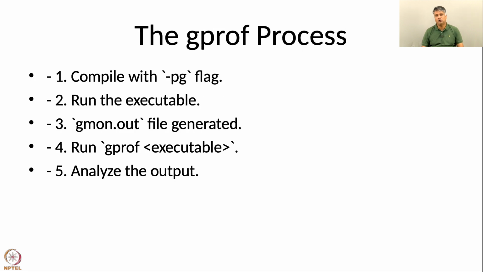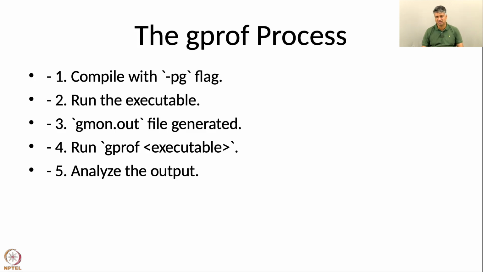So, how do we go about using gprof? When you're doing the standard compilation of the code, the code which is generated underneath does not have any information for doing any sort of profiling. You need to specifically instruct the compiler to add profiling counters, that is, you need to compile it with the -pg flag.